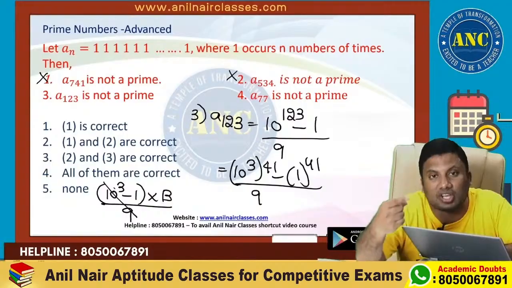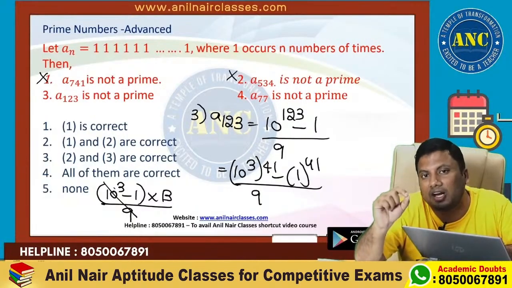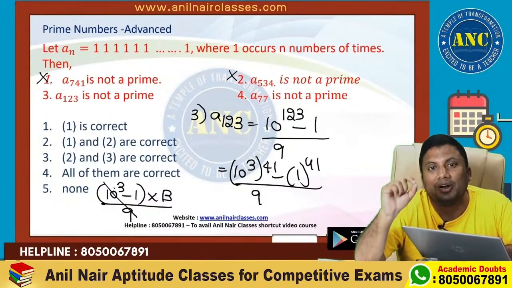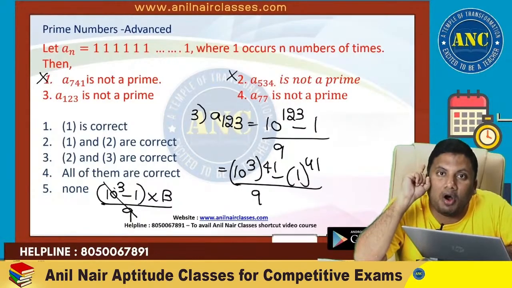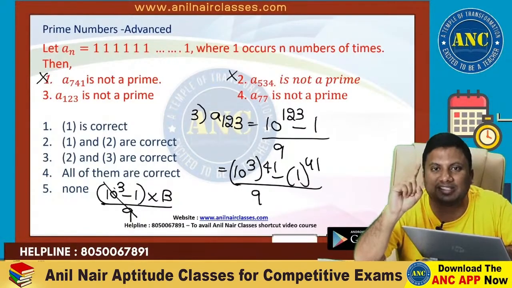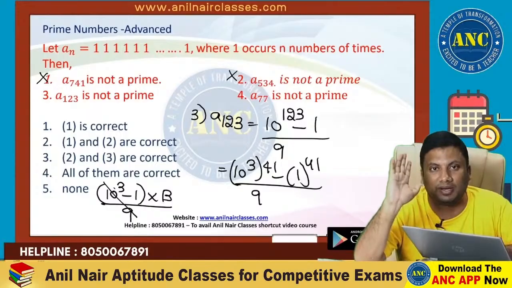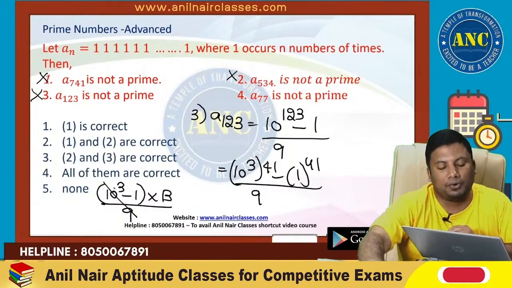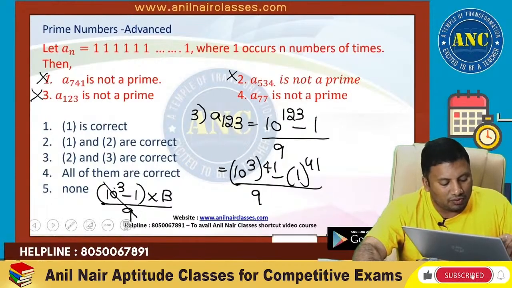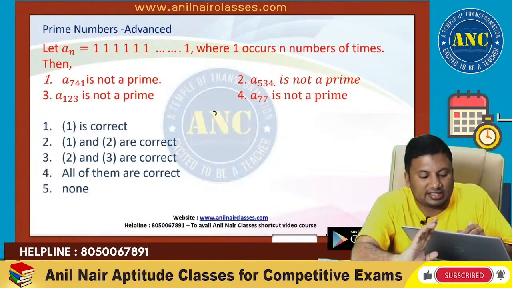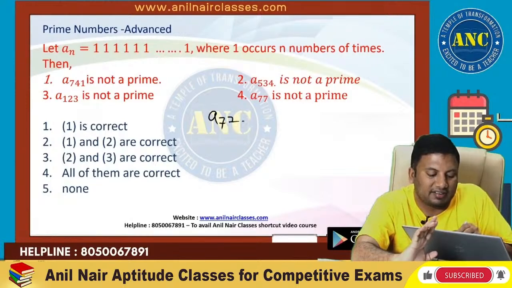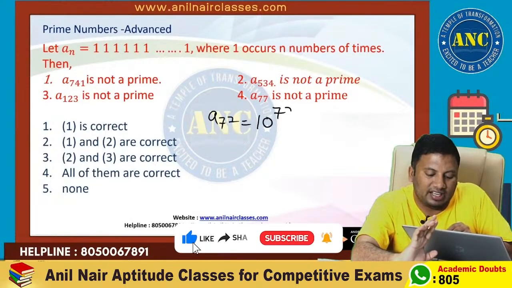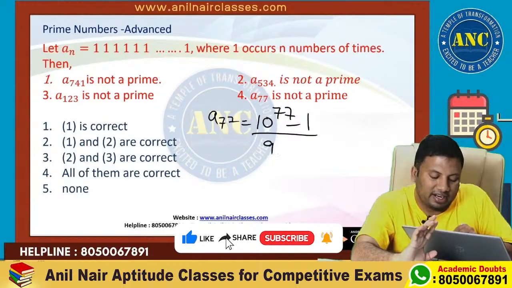I told you in session number 1, there are 237 rules to verify. Only if all 237 fail, then the number is a prime number. So it is easy to tell whether a number is composite. Otherwise, it is difficult. A77. A77 is 10^77 minus 1 divided by 9.